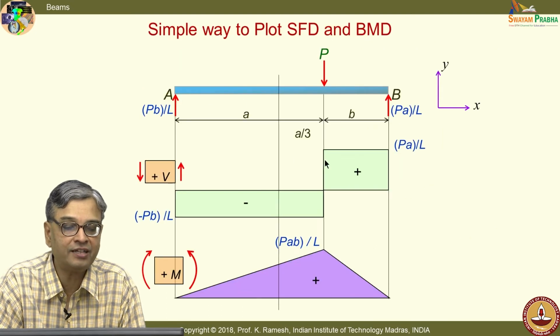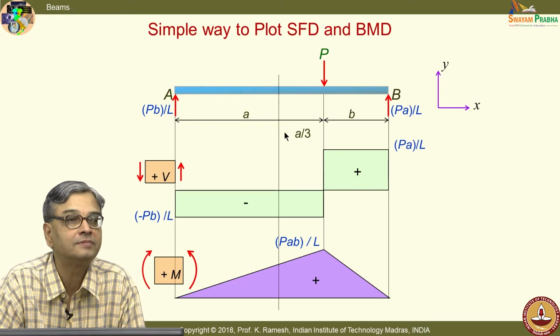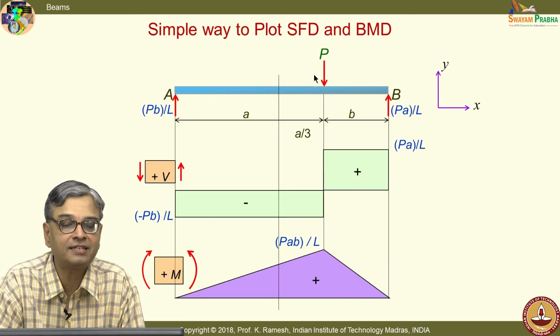We have already seen the shear force diagram and bending moment diagram, and I have also mentioned that I am drawing it from right to left. For example, I want to find out the value of shear force and bending moment at this point. Just for illustration, I am analyzing the right side of the beam.